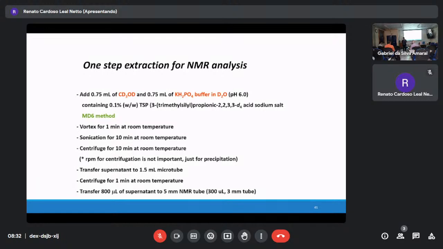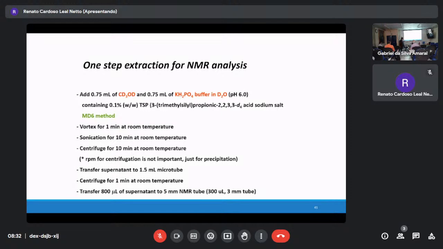If you extract with the deuterated solvent, then we can apply it to NMR without any evaporation or reconstitution in NMR solvent. Then we can reduce the steps, which means reducing the chance of compounds being degraded. That was my point.